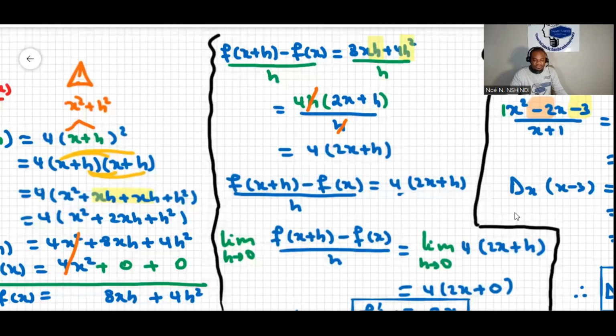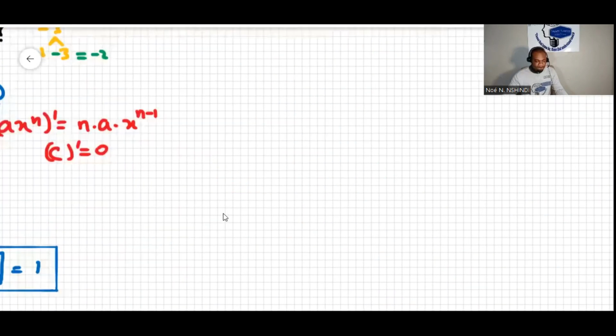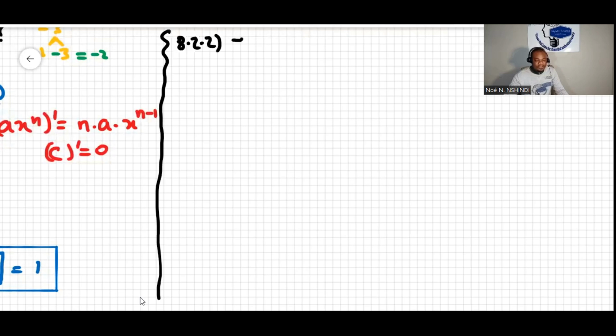So I'm going to read it over here. The second derivative of f of x is what we are looking for, if f of x is equal to the square root of x.